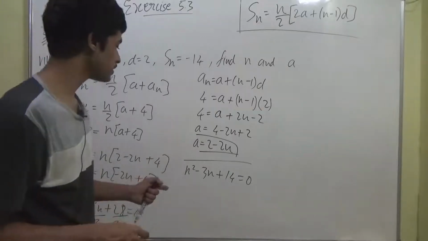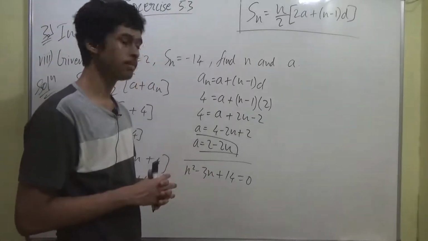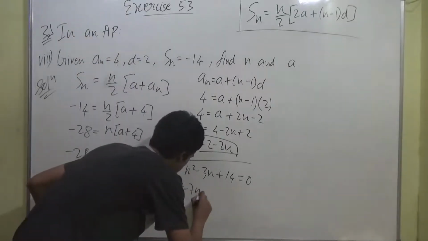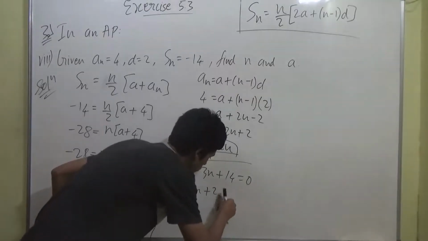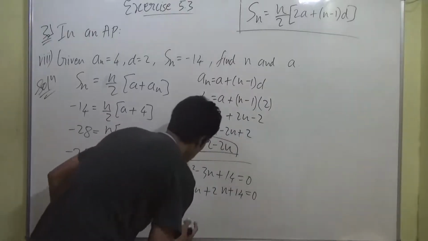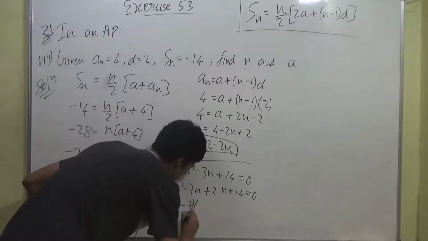Now we have to express 3 in such a way that the multiplication should give 14. So we can express it as n square minus 7n plus 2n plus 14 equal to 0. Now if we take common, we can take n as common, n minus 7, right?